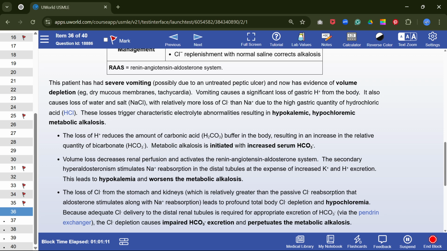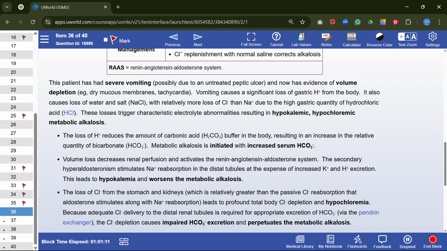It causes loss of water and salt, with relatively more loss of chloride than sodium due to the high gastric quantity of hydrochloric acid.